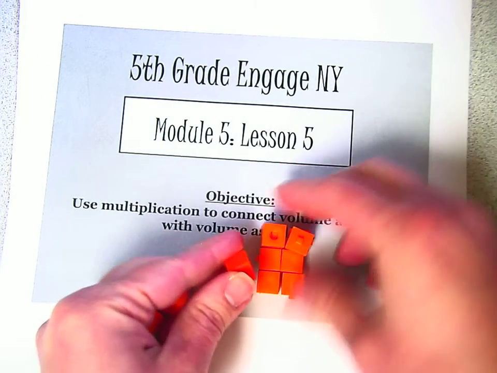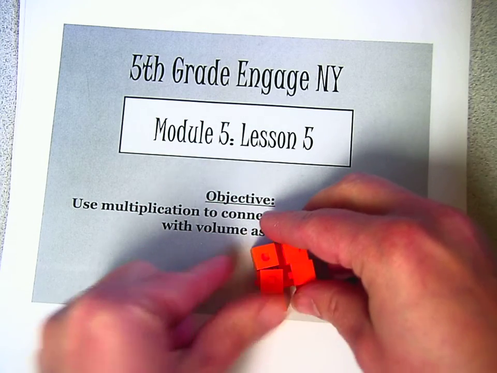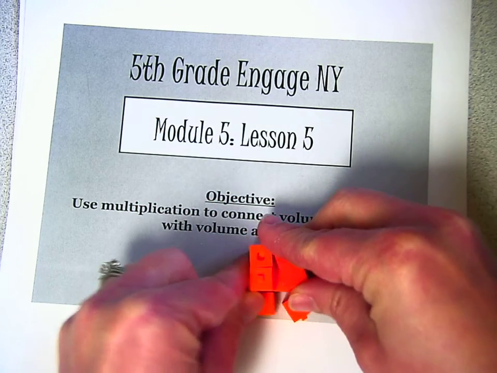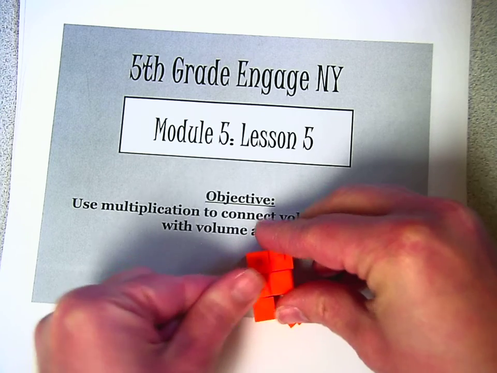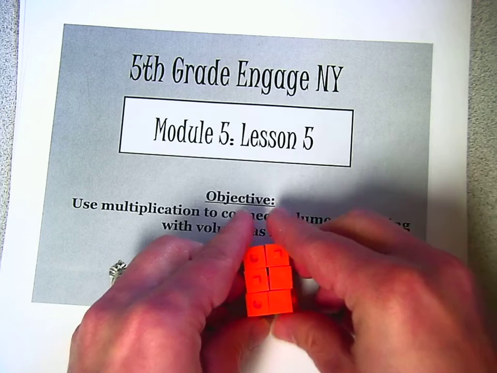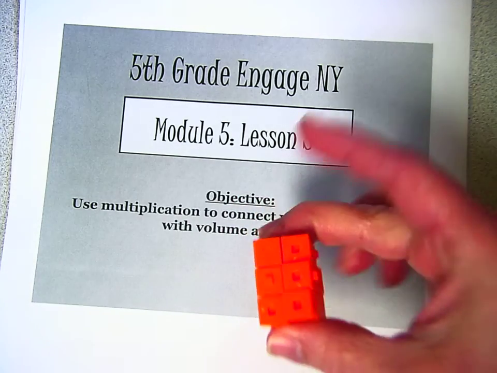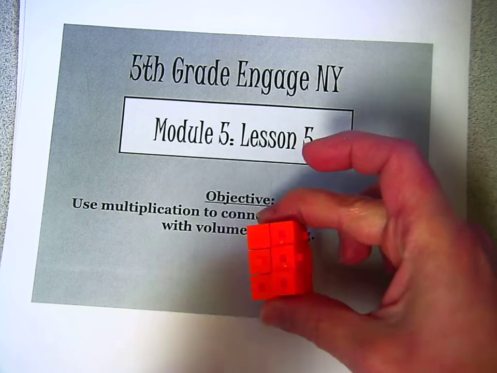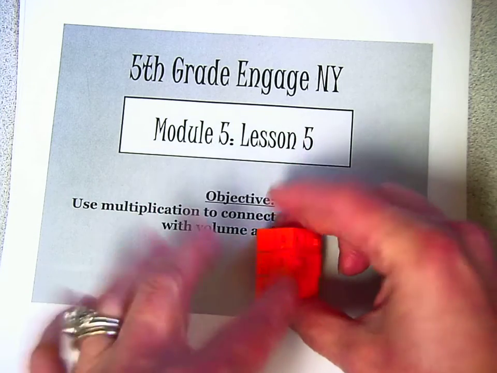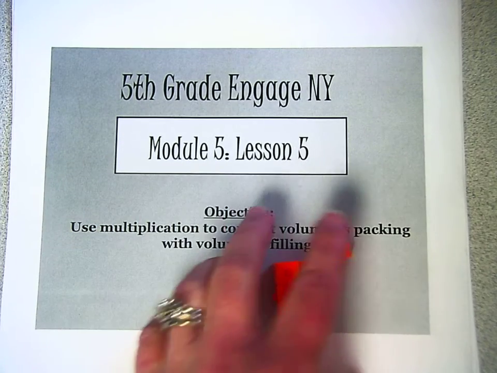And if I put 2 levels on it, that would be 6 times 2, because that is how high it is. I want you to think of height as how many layers. And so now my volume would be 12. I have a layer of 6 and a layer of 6. 6 plus 6 is 12.